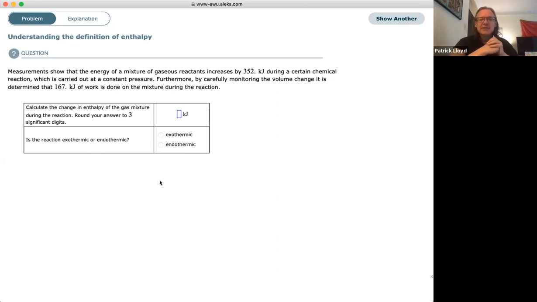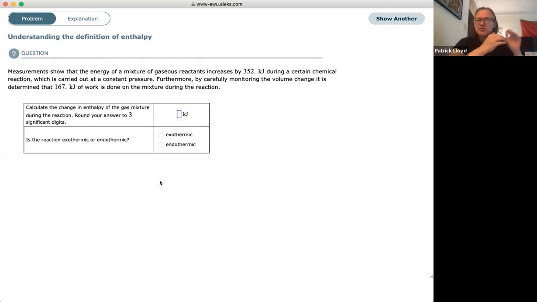Measurements show that the energy of a mixture of gaseous reactants increases by 352 kilojoules during a certain chemical reaction, which is carried out at constant pressure. So there's our constant pressure, right? Furthermore, by carefully monitoring the volume change, it is determined that 167 kilojoules of work is done during the reaction. Calculate the change in enthalpy of the gas mixture during the reaction and round to 3 significant digits.